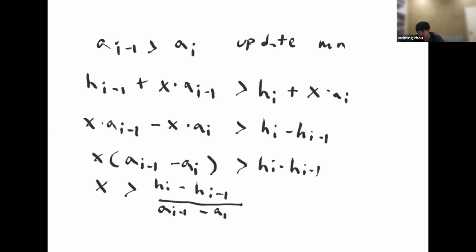So with some algebra, we can update mn with this value, or I guess it'd be this value plus 1, since we know that the answer cannot be lower than this value.